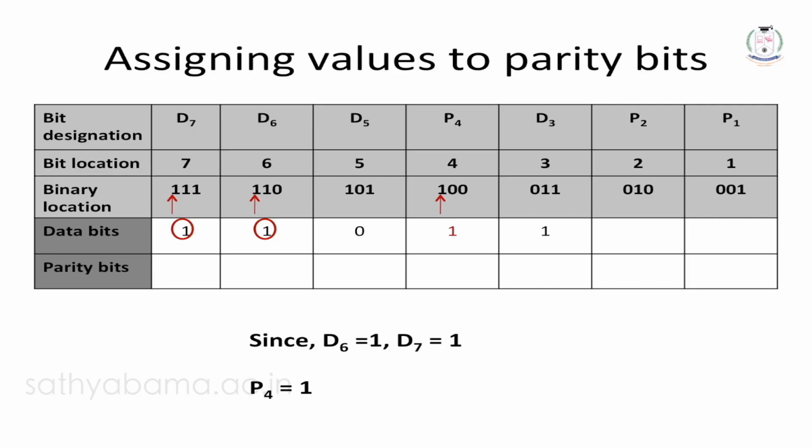The last parity bit in our example is P4. I am required to look at the third bit position of 1, which is the MSB in our case. P4 requires D6 and D7 to be looked at. Both are 1, which means the count of 1s is an even number, 2. I need to turn it into an odd number. So I am required to make the P4 bit 1 in order to maintain odd parity.